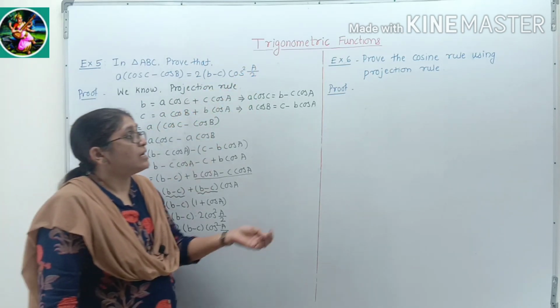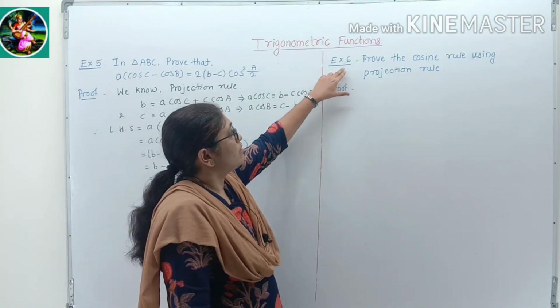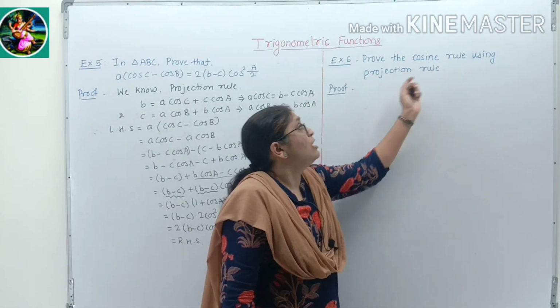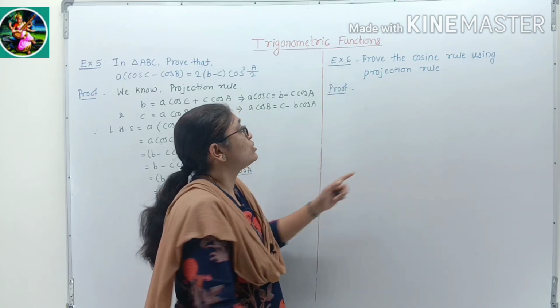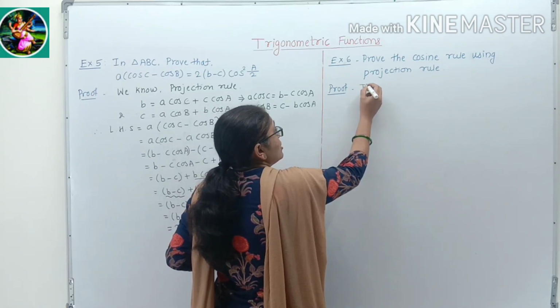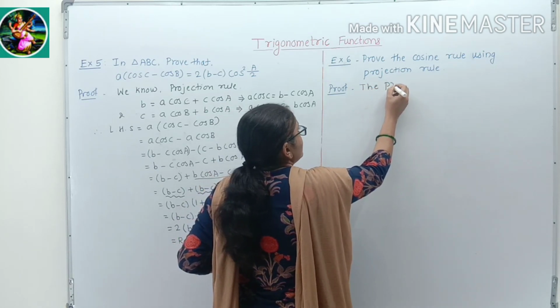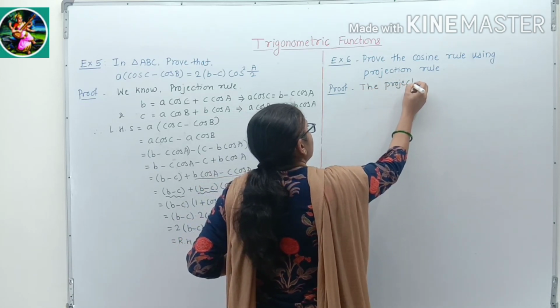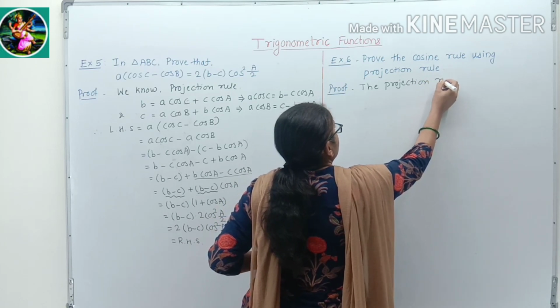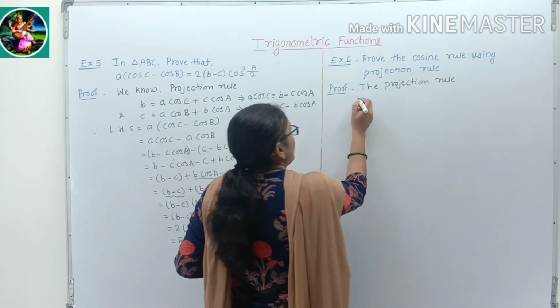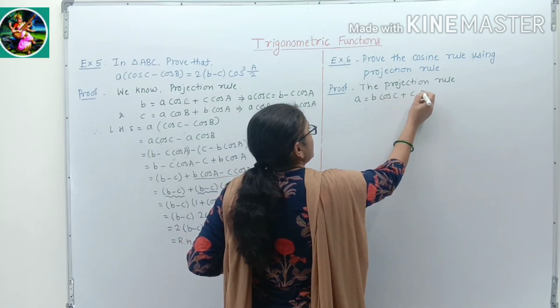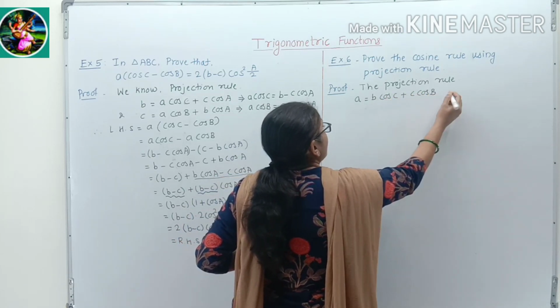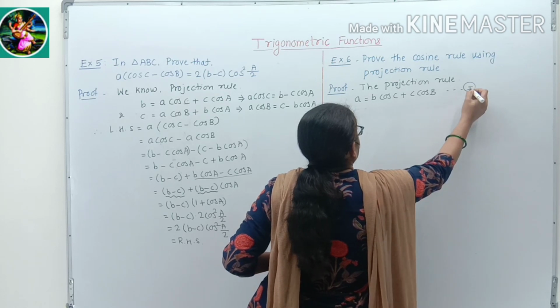Now we solve the next theorem: prove the cosine rule using the projection rule. For that we write the projection rule. The projection rule is as follows: a is equal to b cos C plus c cos B. We say that is equation number 1.